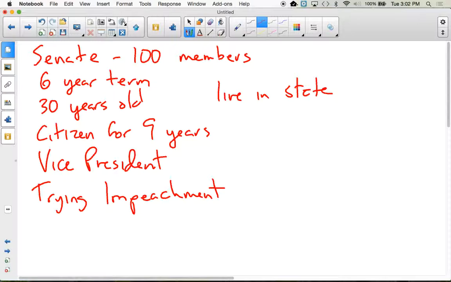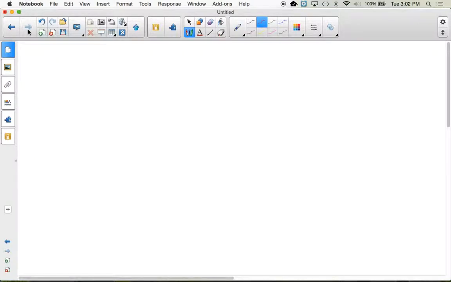Okay. So, jobs of the House and the Senate. What do they do? The House. First job of the House is they propose tax laws. Any tax law that comes from the Congress will start in the House of Representatives.